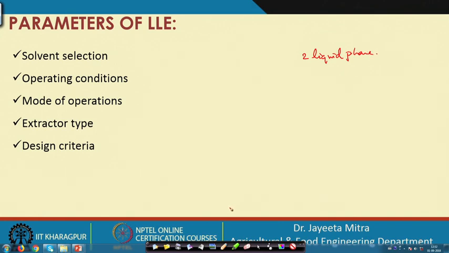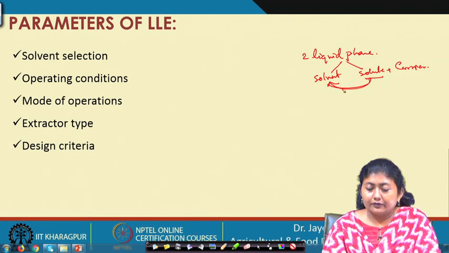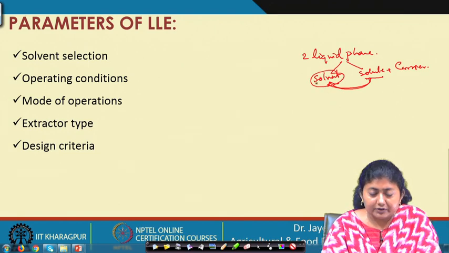One is having the solvent, generally the pure solvent, and the other is having some solute plus carrier. Since this solute has to come from this phase to this one, this can only happen if the chemical potential is higher here, or if it has the affinity towards this solvent. So, we have to carefully select this solvent, so that the solute can come out from this phase.